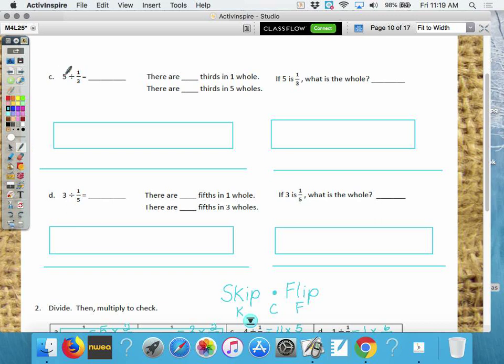Okay, so what is my total here? 5. So I need to show 5 wholes first. Okay. What's my denominator? Thirds. And I'm only labeling one whole with thirds. Does that make sense? That will help me up here.